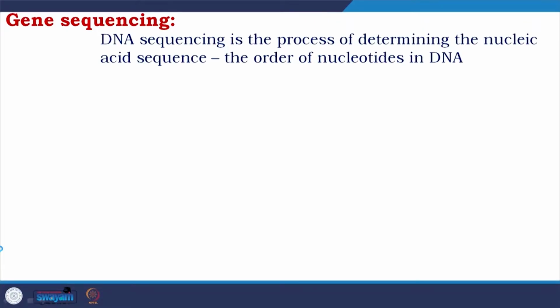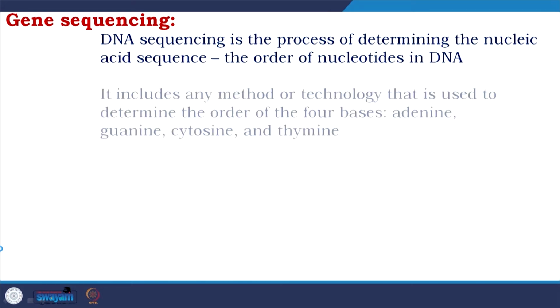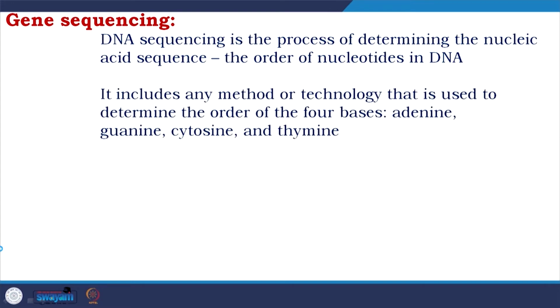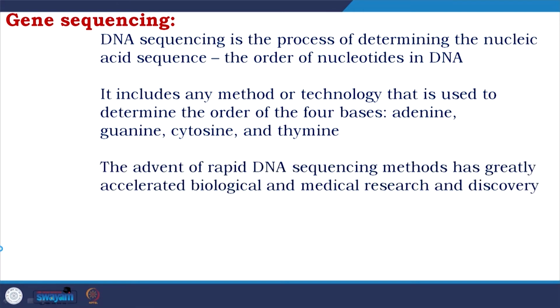So gene sequencing, as we talked about, is DNA sequencing, the process of determining the nucleic acid sequence, the order of nucleotides in DNA. It includes any method or technology used to determine the order of the 4 bases A, T, G, C. The advent of rapid DNA sequencing methods has greatly accelerated biological and medical research and discovery.